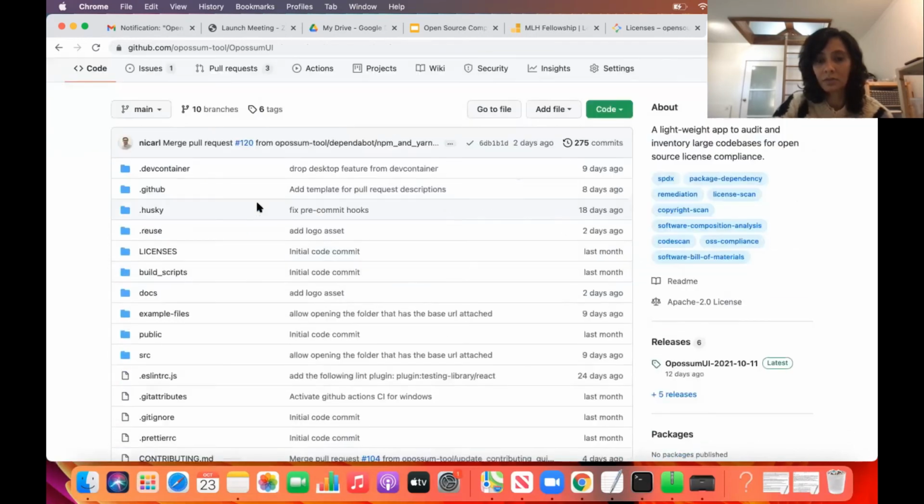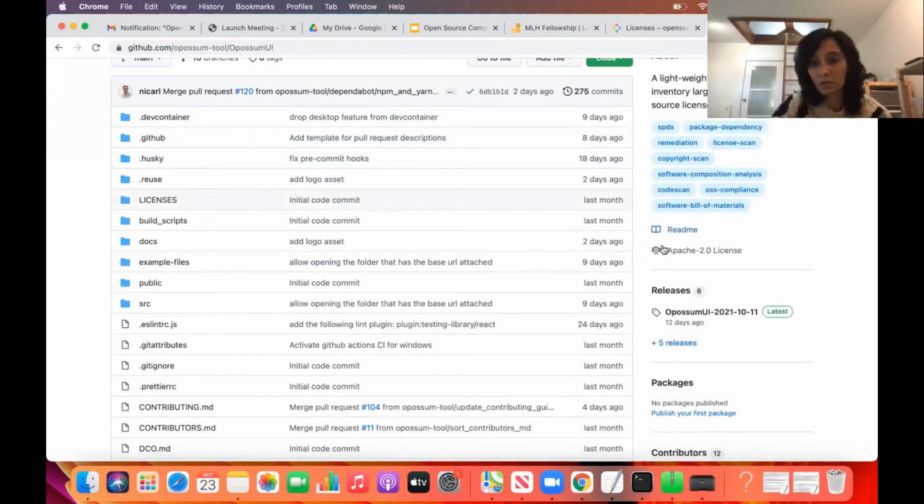So if someone is contributing code, you want it to actually be released under the license that your project is released under. So these are things that you have to consider.